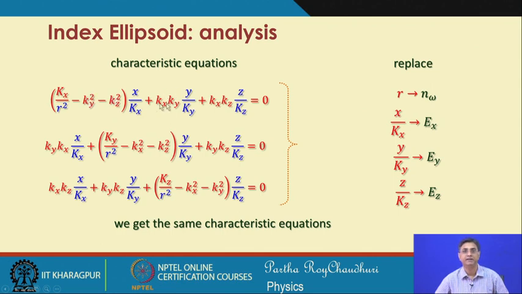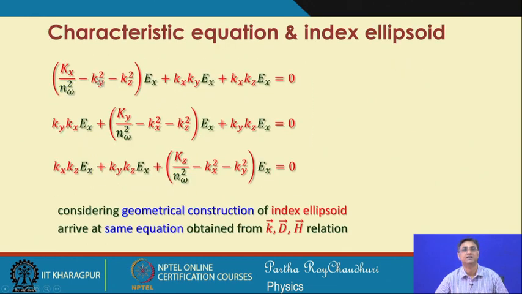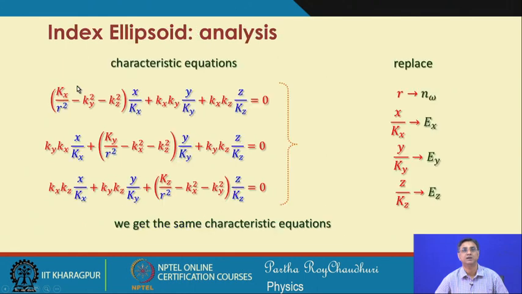And to identify that, let us replace R by n omega and x by capital Kx by Ex and so on. Then this equation will take the form of the same equation, that is Kx by n omega square. Go back and see that Kx by R square will become Kx by n omega square and so on.